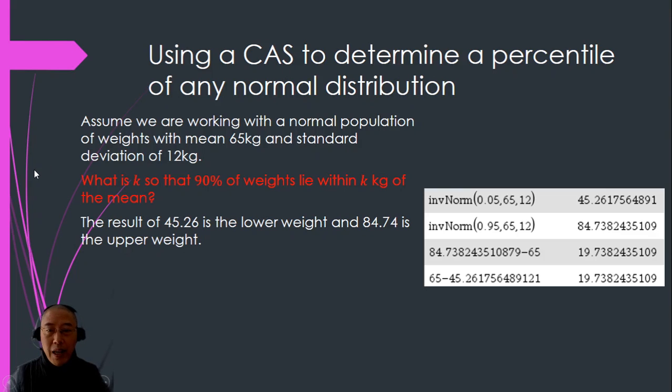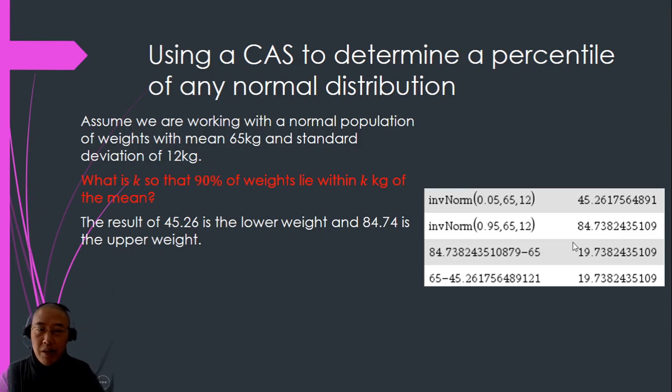So to find the left boundary, you're going to use inverse normal of 5%, that will give you your lower boundary, which is equivalent to the C1 from the previous example. And to find the upper boundary, you use inverse normal. It's going to be that 90% plus the 5% on the left tail. That gives you 0.95, and that will give you your upper boundary.